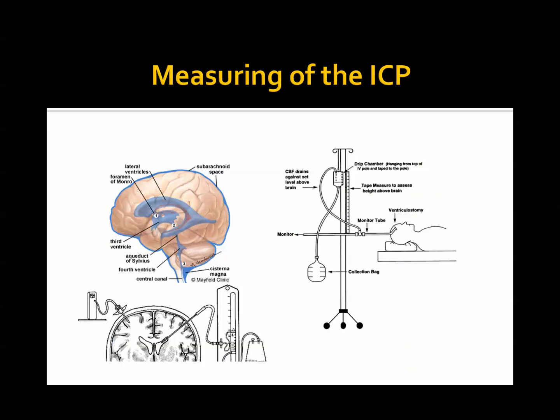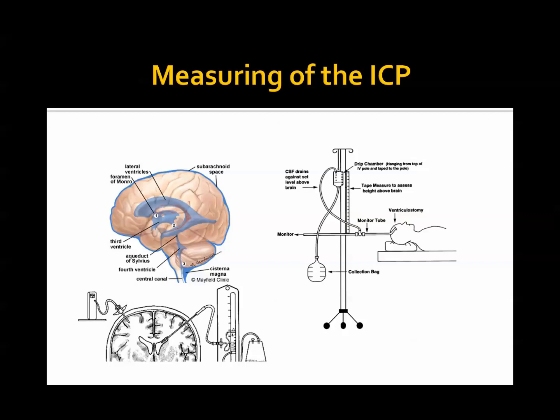And then actually putting a drain into the ventricle, which is called a ventriculostomy, or an intraventricular drain most often, is a way that we can drain that cerebral spinal fluid directly.